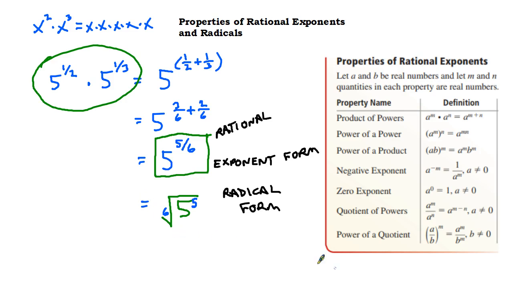Or we actually could rewrite the same thing as the 6th root of 5, and then raise that whole thing to the power of 5. Either one of those is perfectly legitimate.